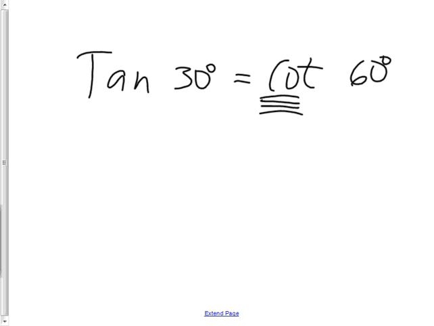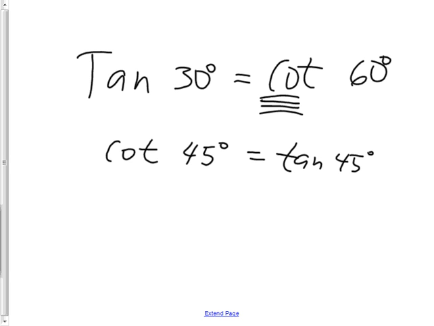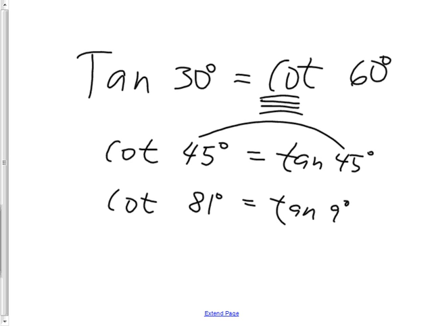So what if you wanted to find cotangent of 45? That'd be the same exact thing as tangent of 45. That one's tougher to check on a calculator because you can't do cotangent directly. But it would work because these two add up to 90. How about this one? Cotangent of 81 degrees would be the same as what? Tangent of 9 degrees. These add up to 90.